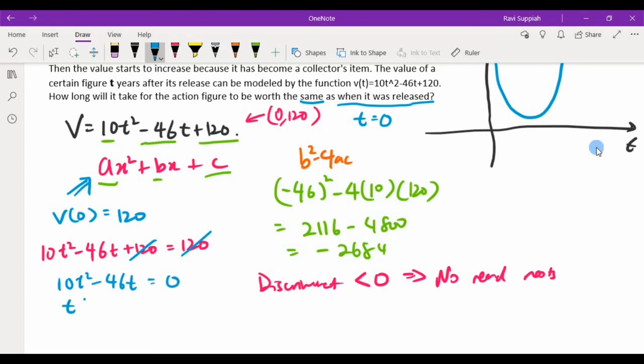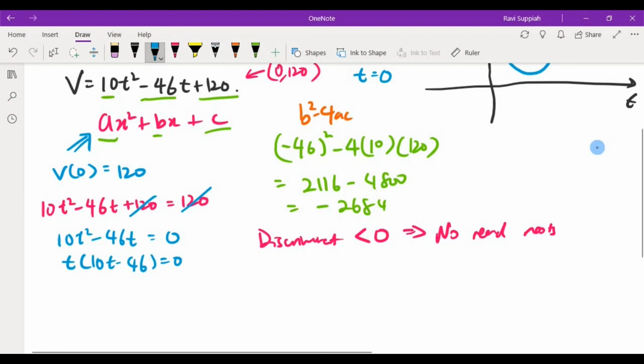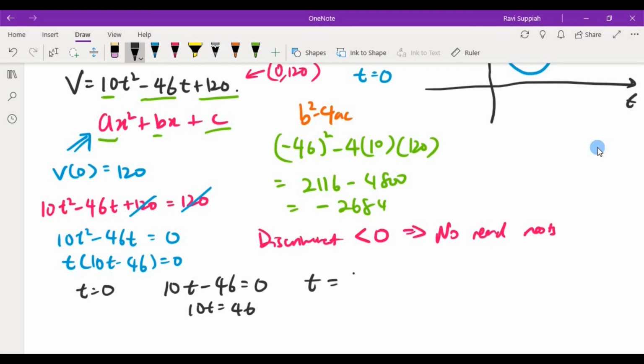I factorize out the t: t times 10t minus 46 equals 0. So I have two solutions. t is equal to 0, which is what we already know. 10t minus 46 equals 0 is the second equation, which gives me 10t equals 46 and t equals 4.6.